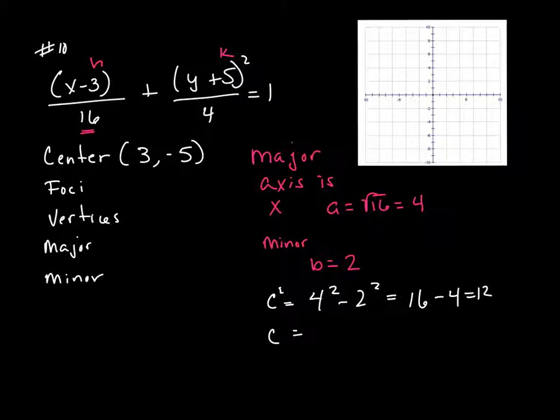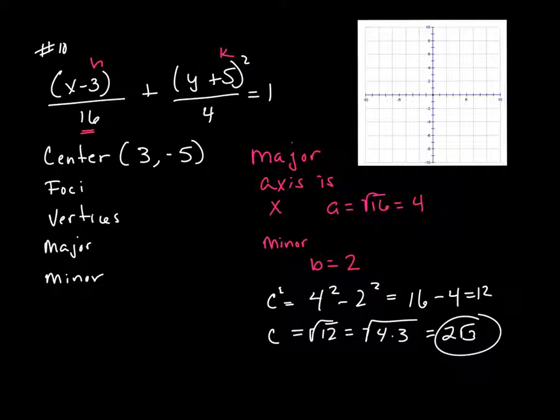So c is equal to the square root of 12. Reducing the 12, that's 4 times 3, or 2 square root of 3. So I have my Pythagorean relationship between everything. I have a, b, and c. Now we just have to go through and find all of these points.